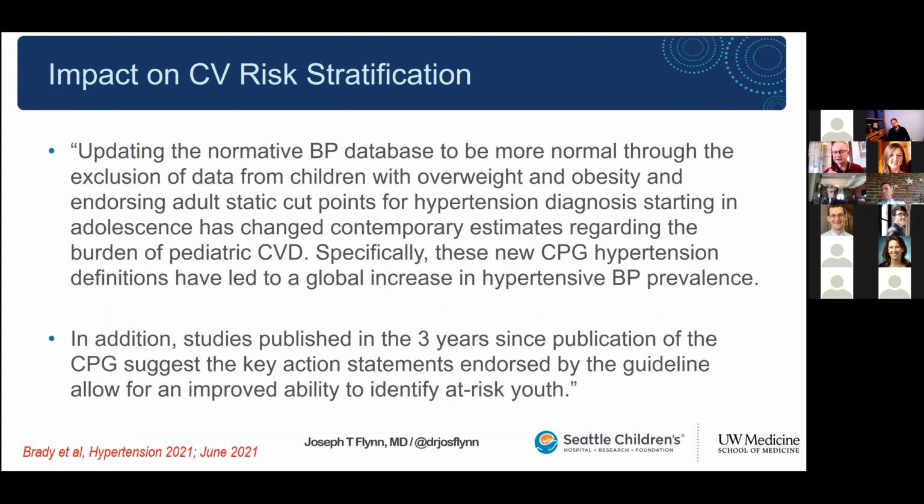They actually identify more, and there's a global increase in hypertension prevalence. And all of the studies that have been published since the guideline came out have shown that the key action statements endorsed by the guideline allow us to better identify the children who are at risk and need to have something done.